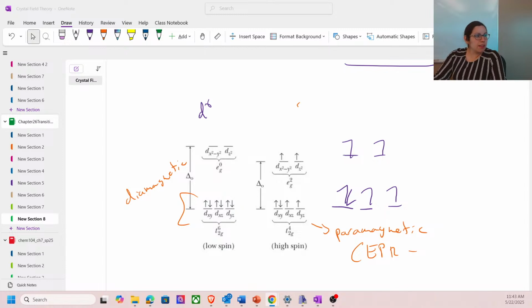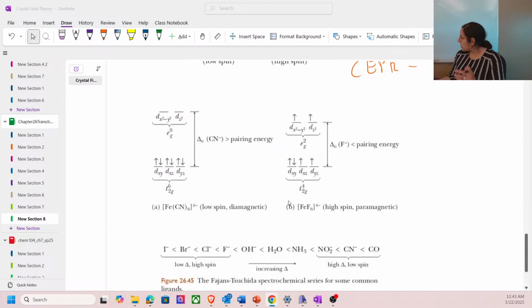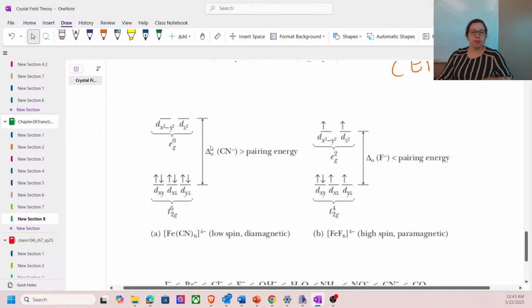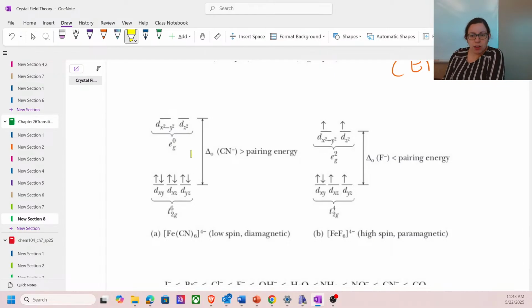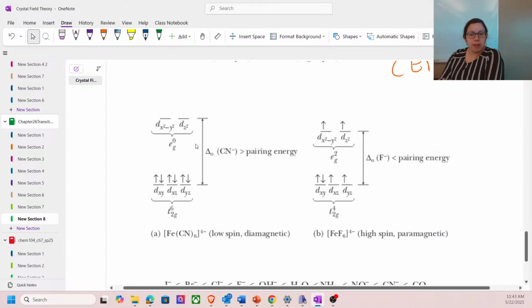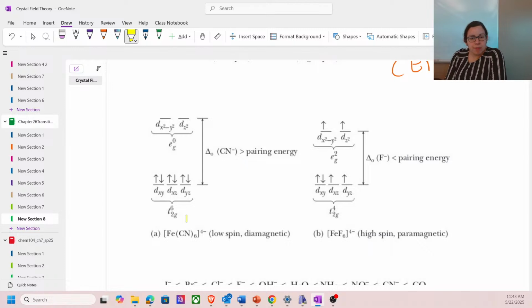So let's get a basic sense of these ligands, because we're looking at very basic transition metal chemistry here. Now we're comparing these two, so let's understand the similarities and differences.